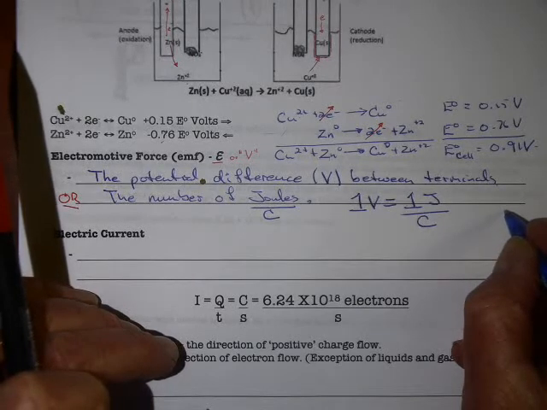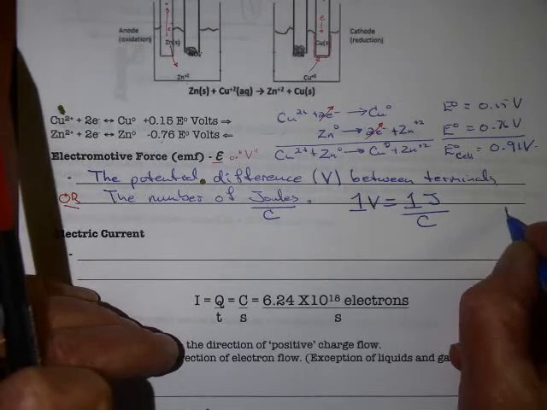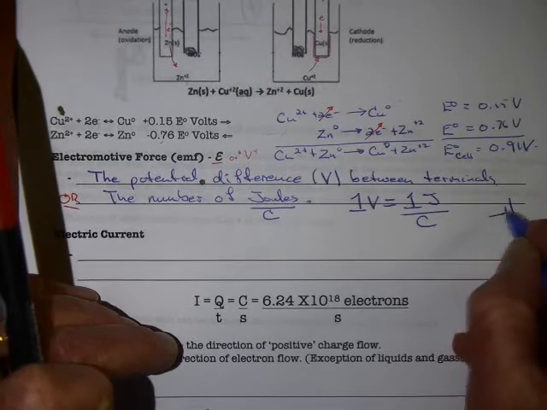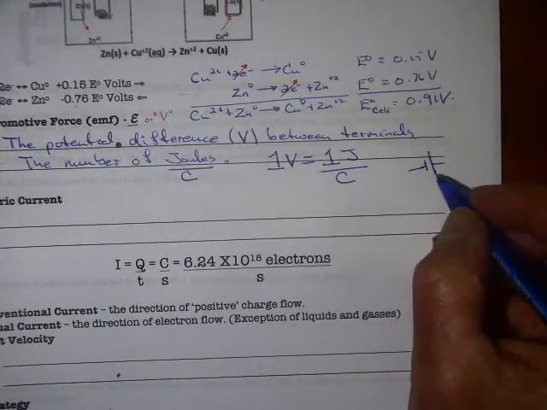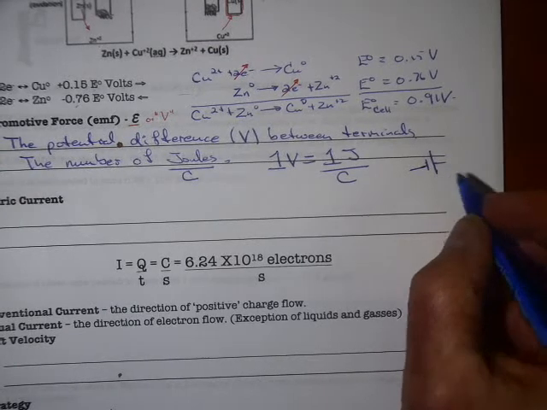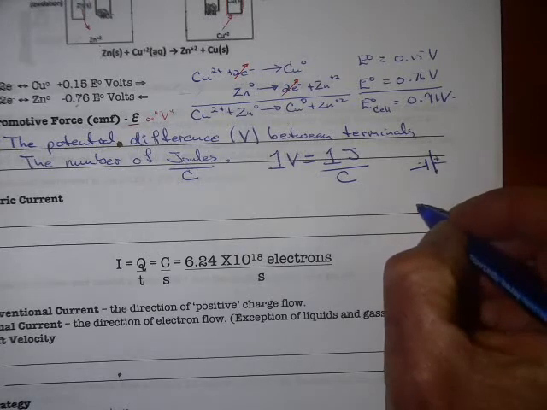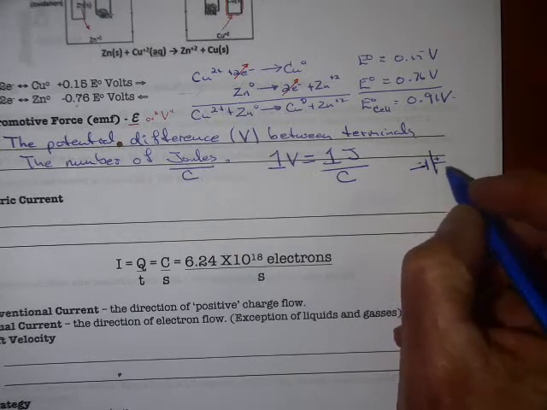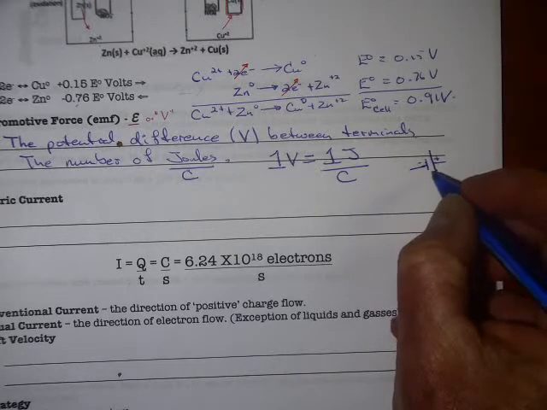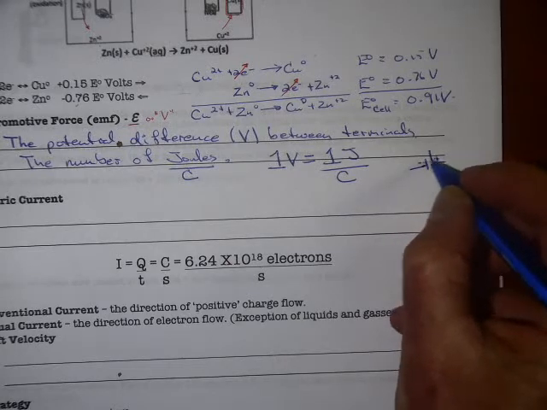If you see something like this, this represents say a dry cell battery, where this is the negative end and this is the positive end. So we're talking about the potential difference. That is the number of volts between the positive and the negative.